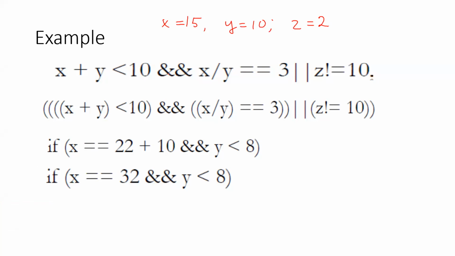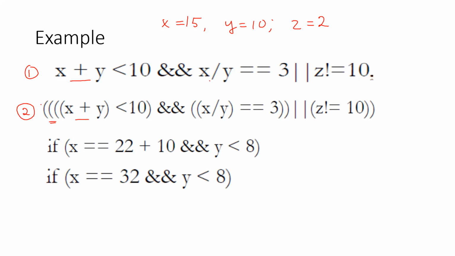First thing first, the difference between number 1 and number 2 is the parenthesis, because the operation is the same. This is x plus y, xy, x over y, and so on.